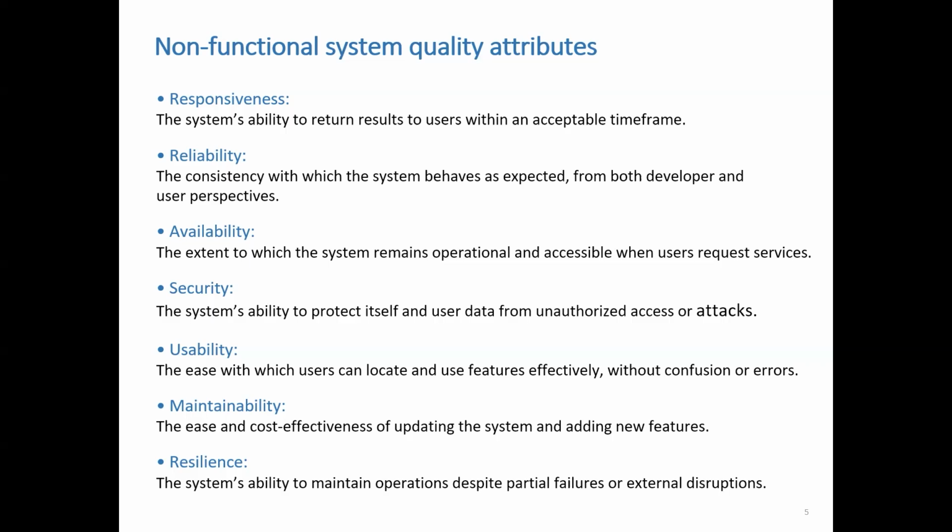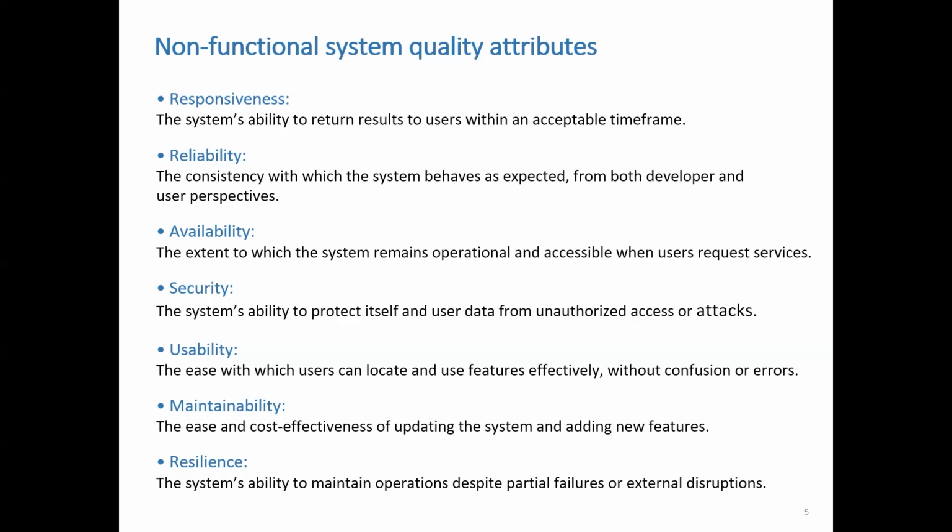Availability is all about uptime. Can the system deliver services when users need them? This becomes really important in systems that have to be online 24/7. Then there is security, and this one's huge.